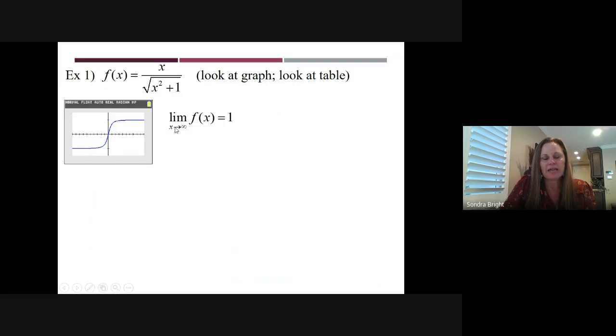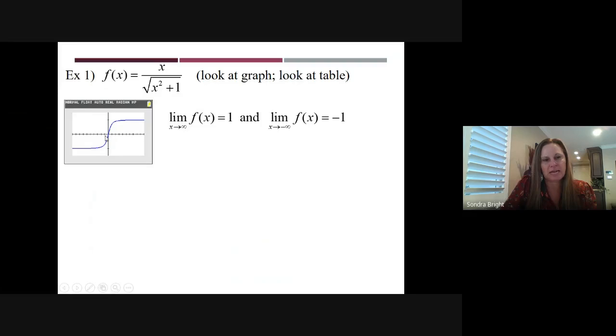So if we want to look at the limit of x over square root of x squared plus 1 as x goes to positive infinity, the table makes it even more obvious. If you put in 5 and then 10 and then 20 and then 100 and then 1,000, 10,000, you'll see that the numbers are getting closer and closer to 1.